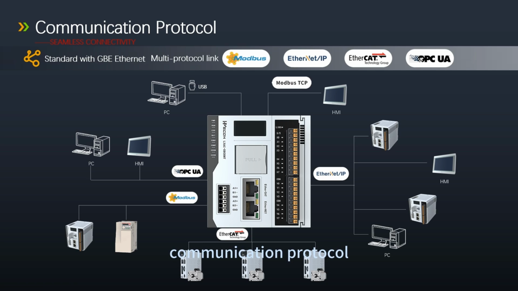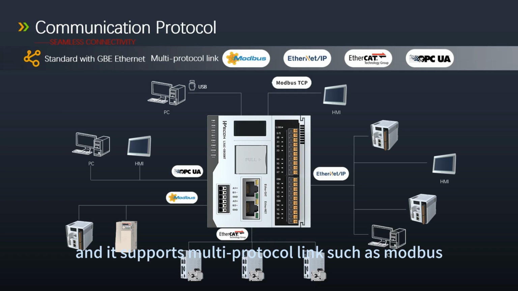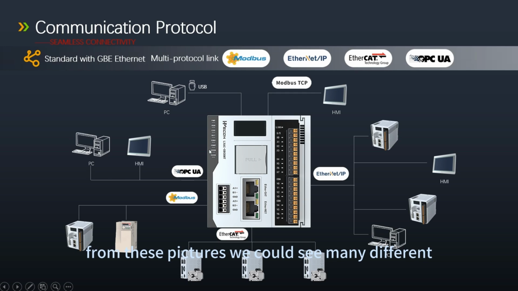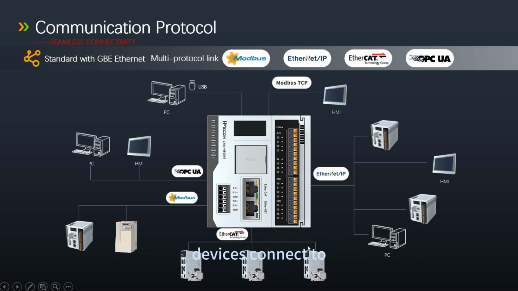Communication protocol. LX6C comes with GBE Ethernet, and it supports multi-protocol links such as Modbus, Ethernet IP, EtherCAT, and OPC UA. From these pictures, we can see many different devices connected to LX6C with different protocols.